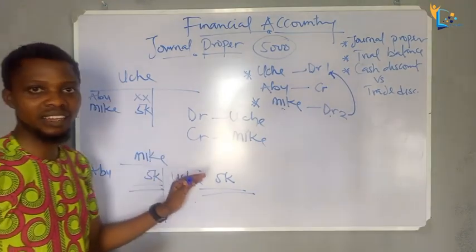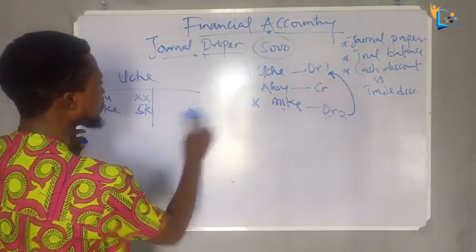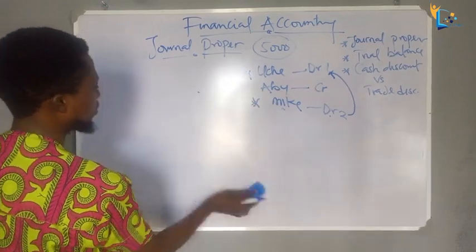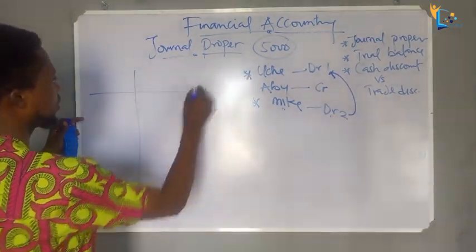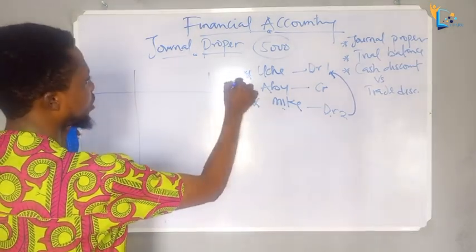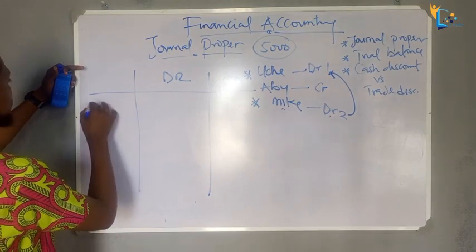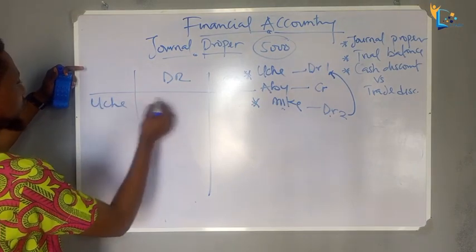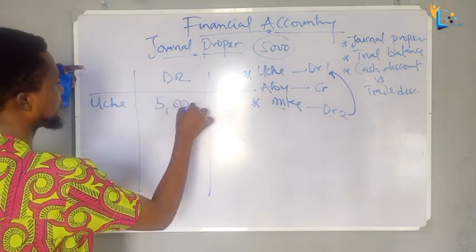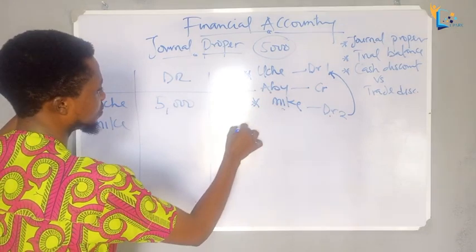So how do we enter it in our journal? This is how we enter it. Okay, we have here debit, credit. Now we have Uche debited, 5K. Mike is credited, 5K.